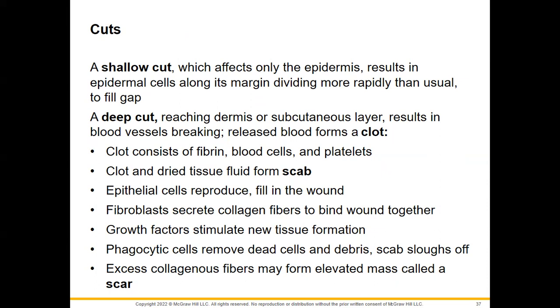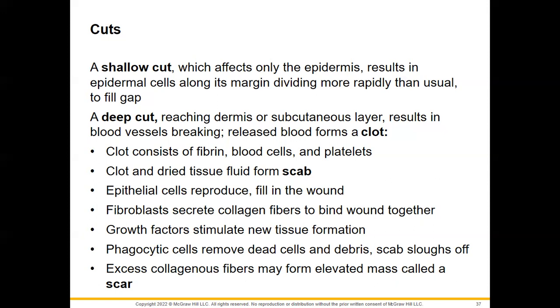Only affecting the epidermis, this results in epidermal cells along the margin of the cut dividing more rapidly than usual to help fill in those spaces. With a really shallow cut, like a paper cut, you oftentimes don't know it. It's not bleeding. Remember, the epidermis typically does not have its own blood supply.